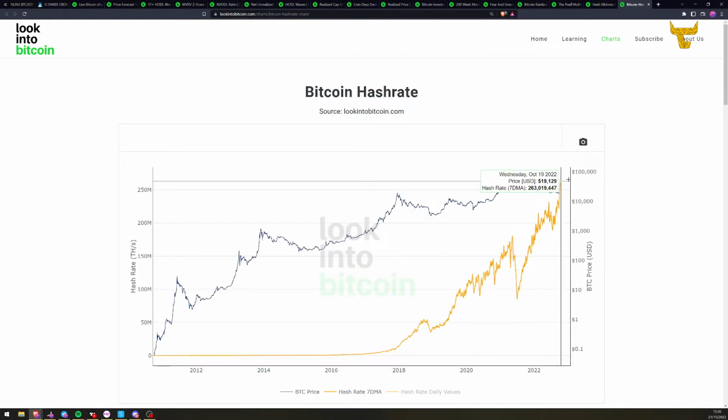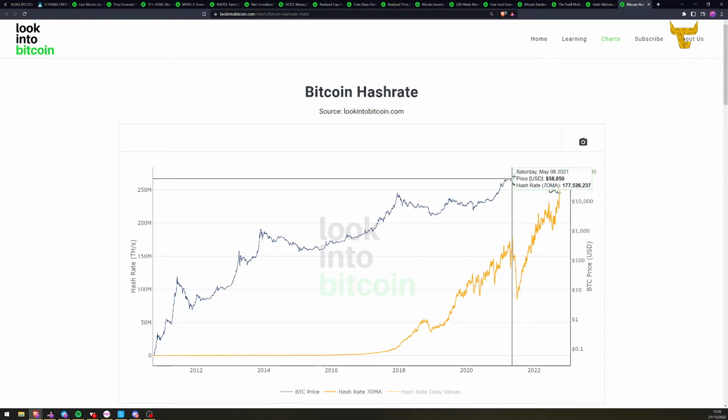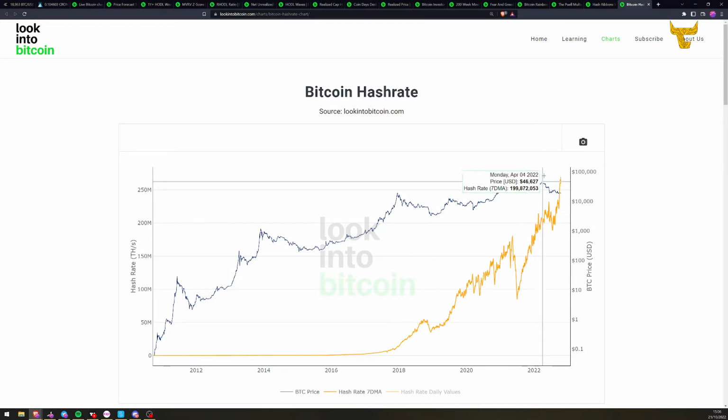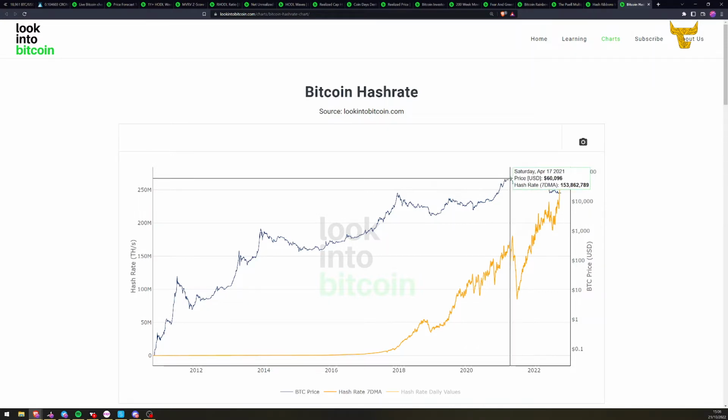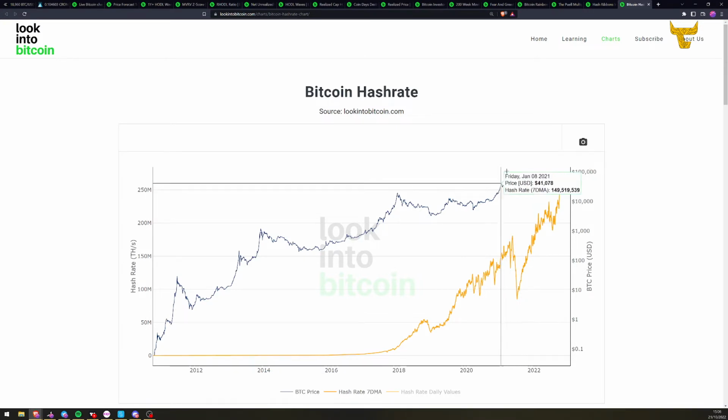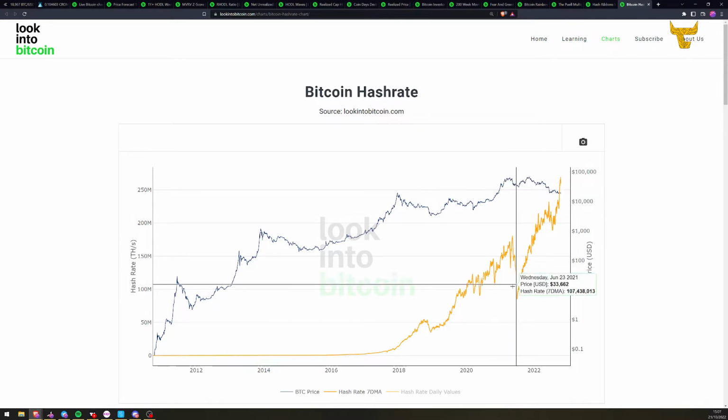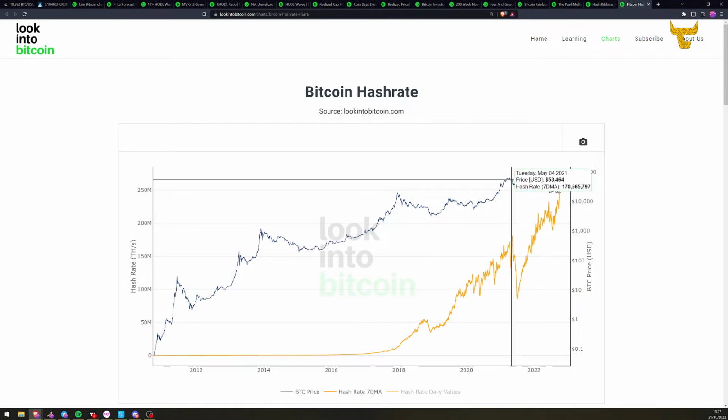And Bitcoin hash rate. I find it interesting because, you know, the bear market, it's debatable, but for me it started really in 2021. That's when we had the China ban on Bitcoin mining, where we see a big drop in the hash rate.